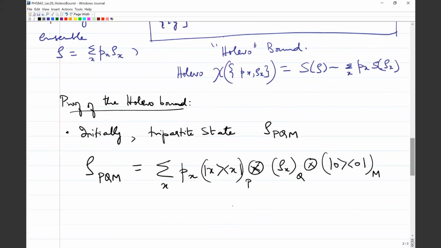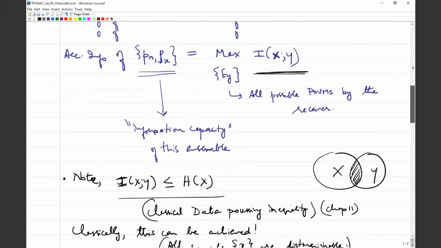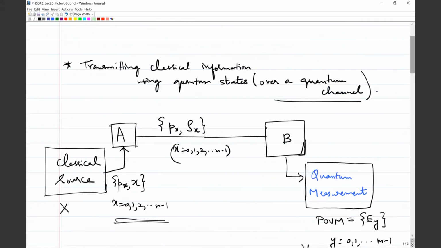You can think of this as a preparation system. This is basically like the sender has at her disposal some classical index, right, associated with what the source is sending her. So she is going to read off the index x and based on that pick the state rho_x.